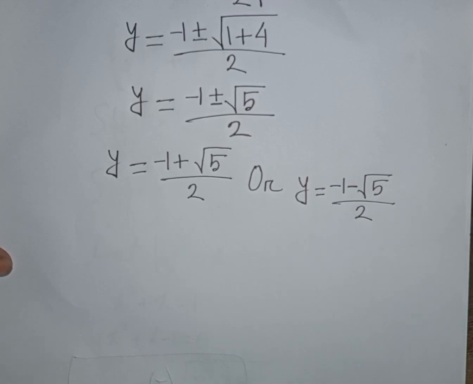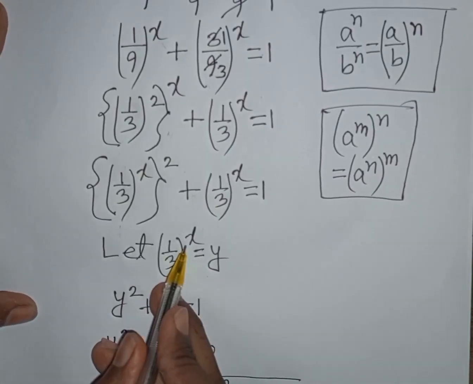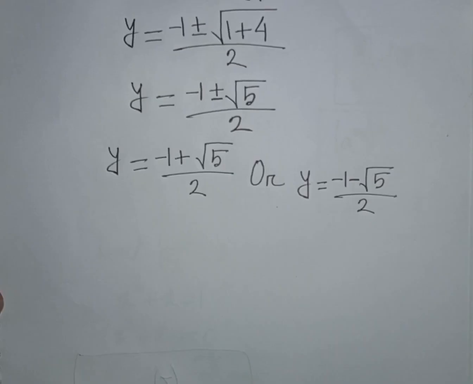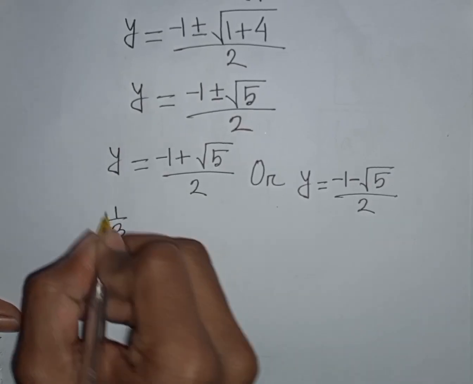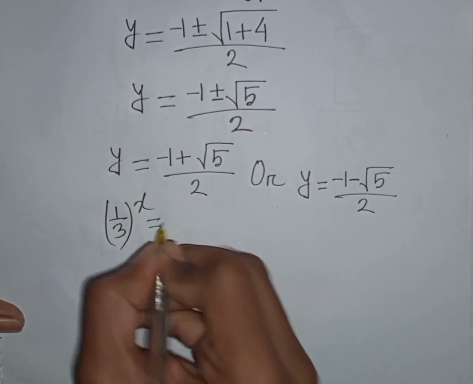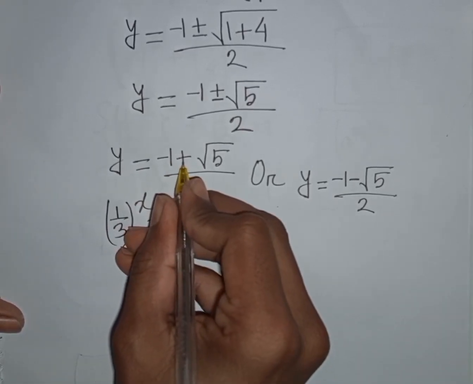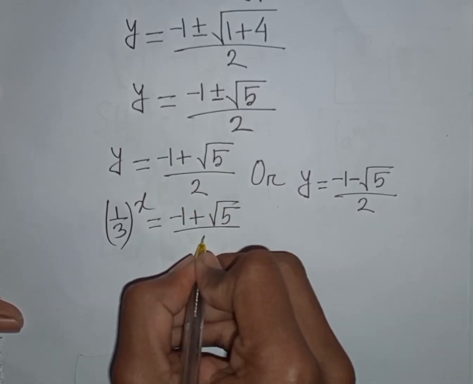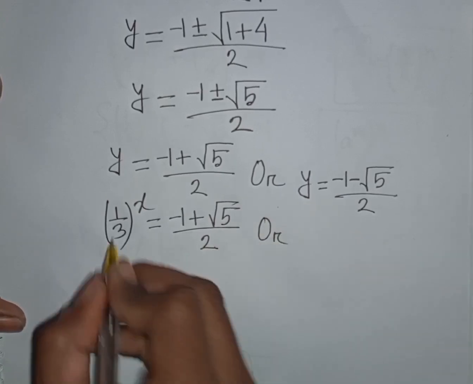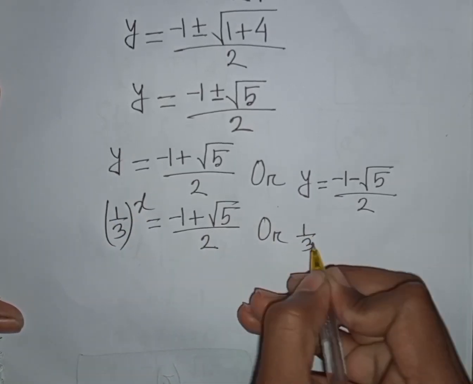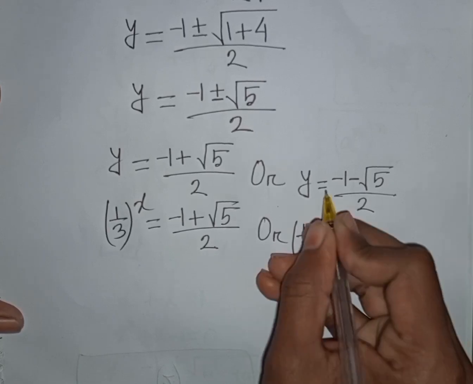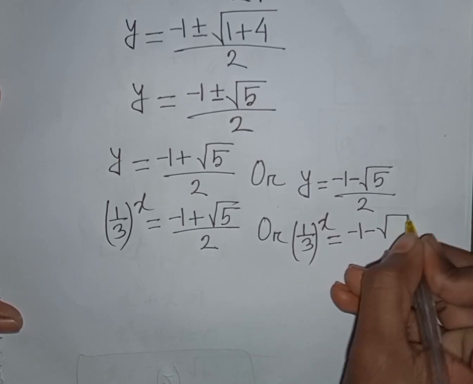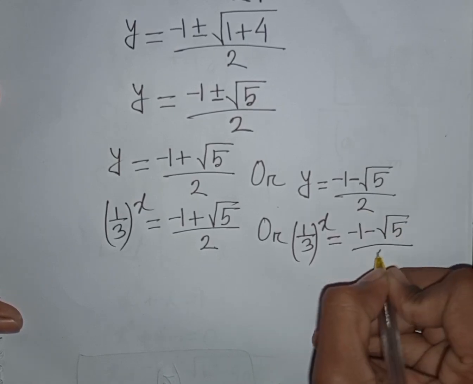Now remember that (1/3)^x was substituted by y. So (1/3)^x = (-1 + sqrt(5)) / 2, or (1/3)^x = (-1 - sqrt(5)) / 2.